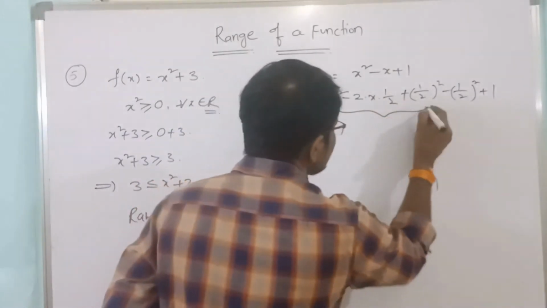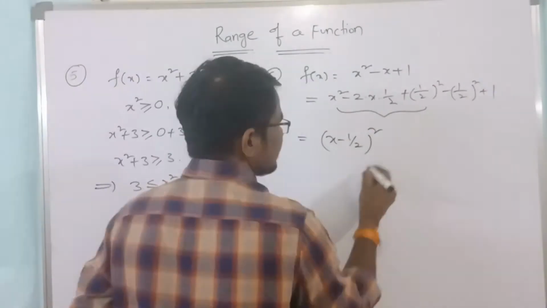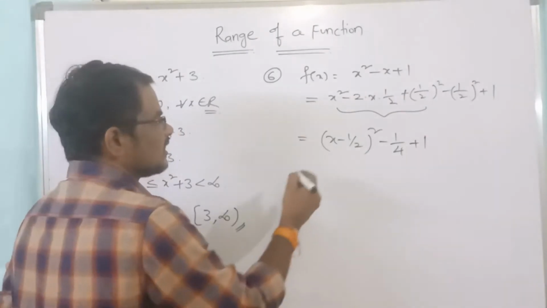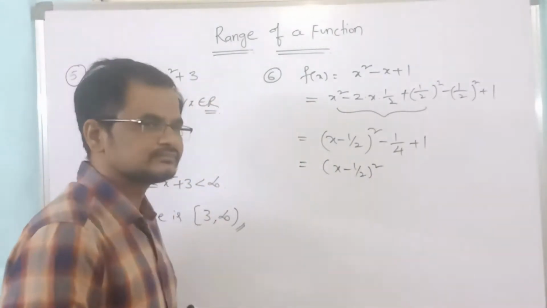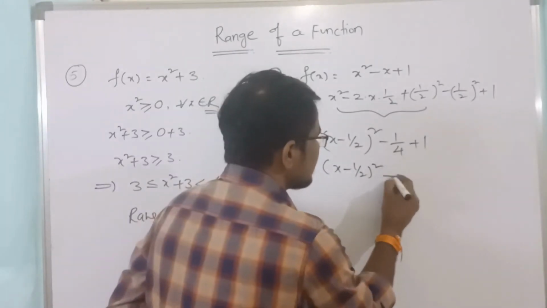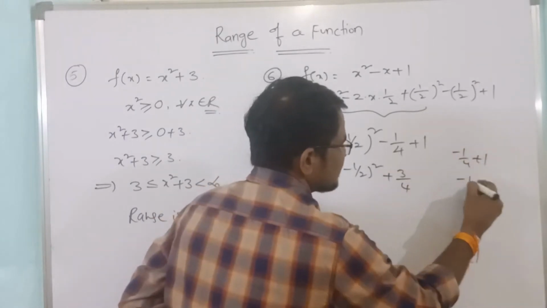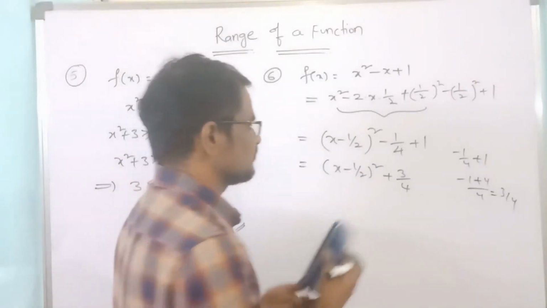Now these three terms can be written as (x minus 1 by 2) whole square minus 1 by 4 plus 1. Now that is equal to (x minus 1 by 2) whole square. Simplify these two: minus 1 by 4 plus 1, which is minus 1 plus 4 by 4, that is equal to plus 3 by 4.